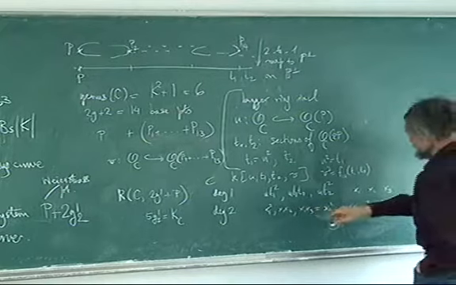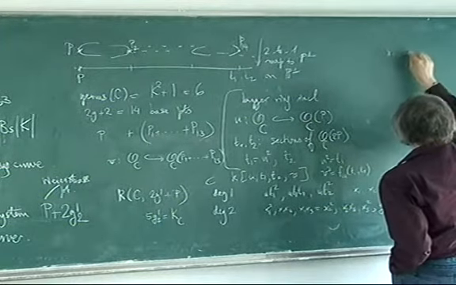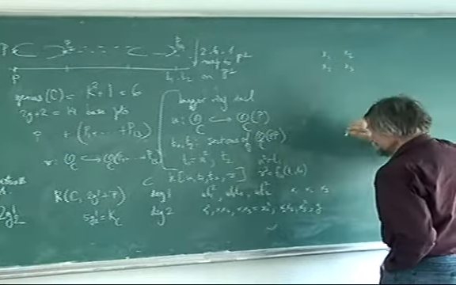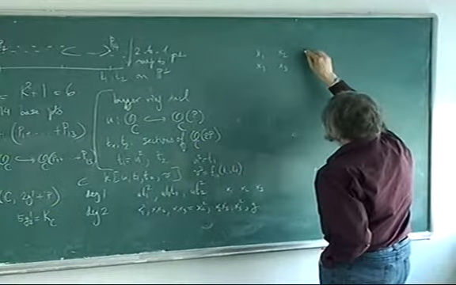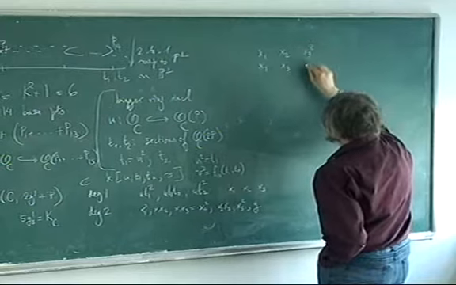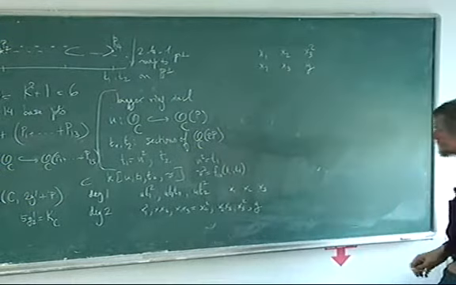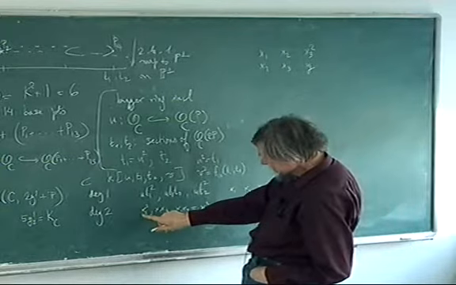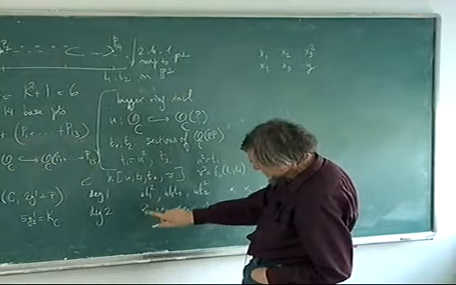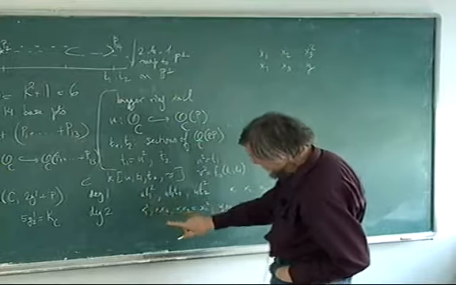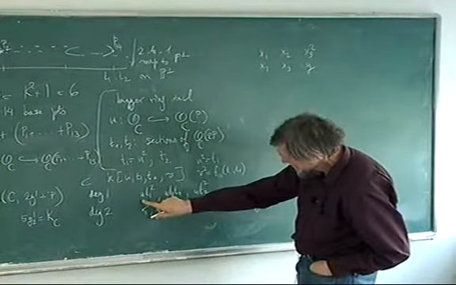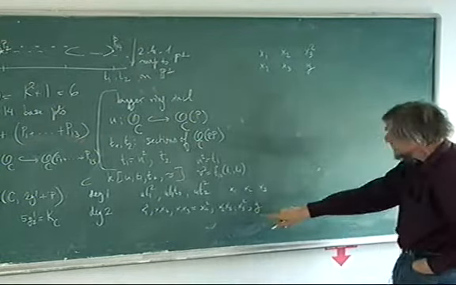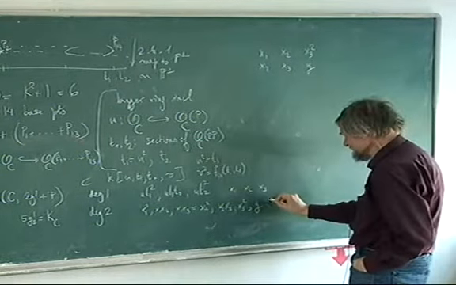And as you can see, I'm going to get the relations here: x1, x2, x2 x3, x3 squared, and y. These elements can of course be written as this one, x1 squared is t1 to the 5th, this one x1 x2 is t1 to the 4th t2, and so on. And then y is t2 to the 5th.